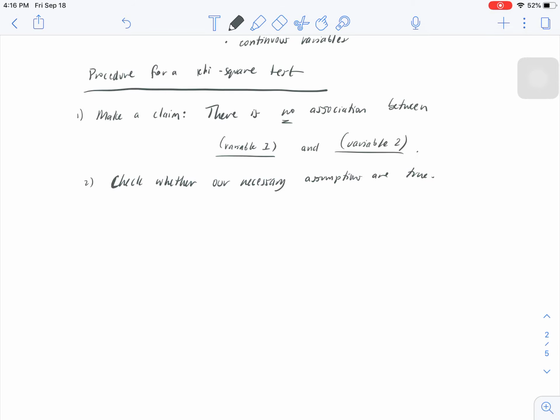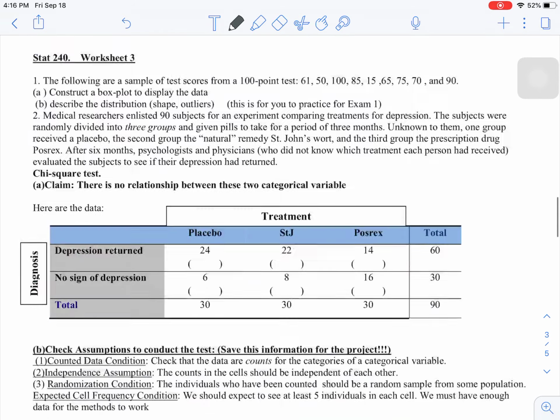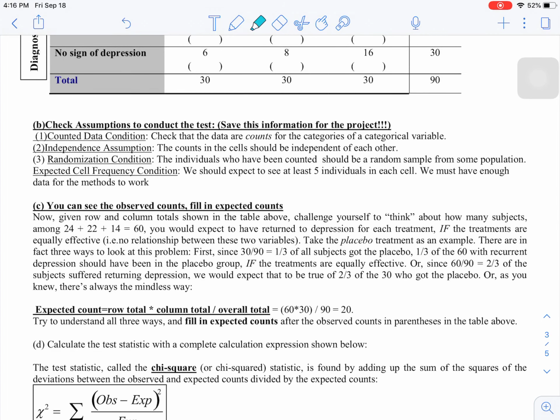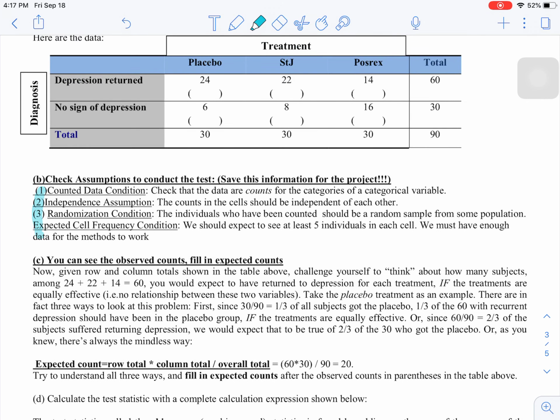So let's go down here where we've listed out what exactly these conditions are. The first condition that we have to check is whether our data is of the correct type. In other words, that our data are counts.